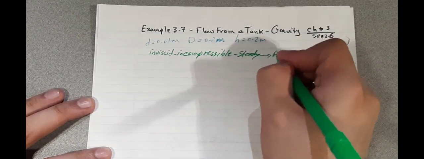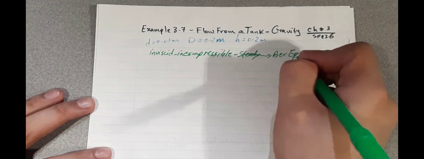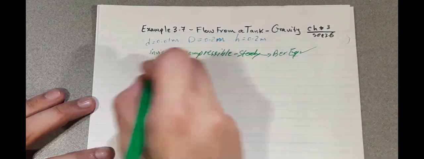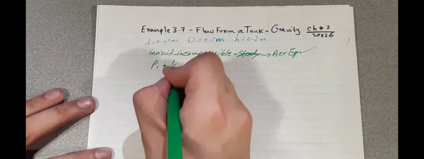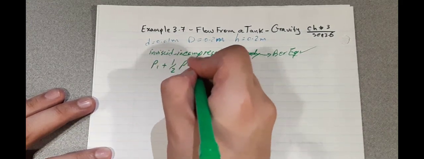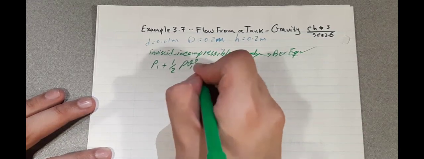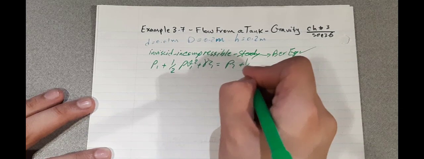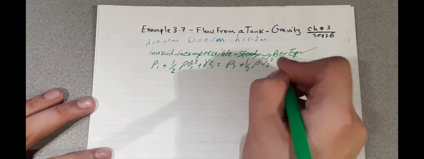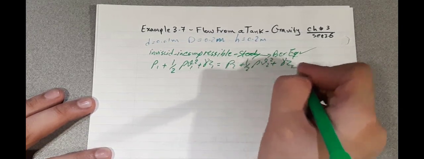So Bernoulli equation checks between point 1 and 2. P1 plus 1 over 2 rho V1 to the power 2 plus gamma Z1 is equal to P2 plus 1 over 2 rho V2 to power 2 plus gamma Z2.